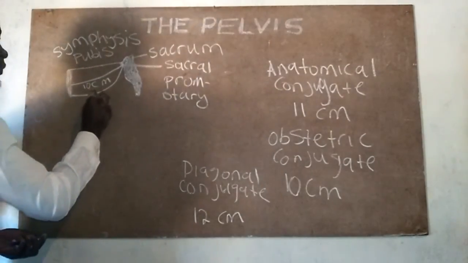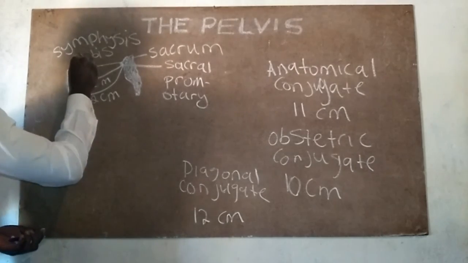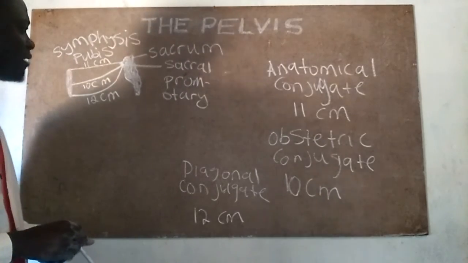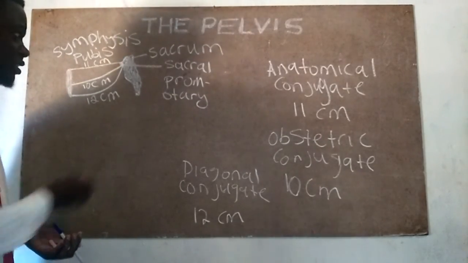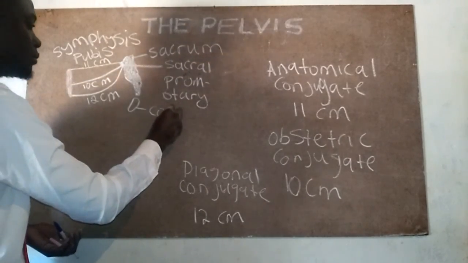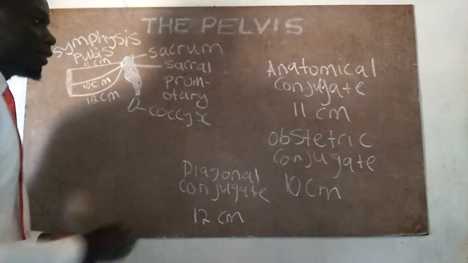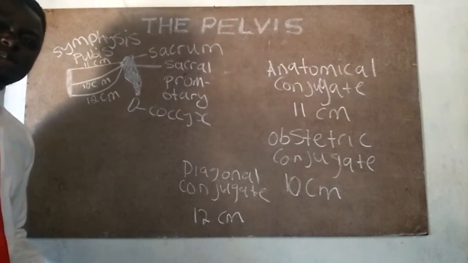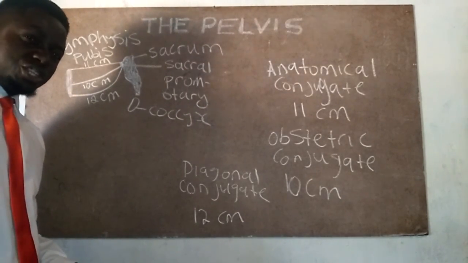So this is 12 centimeters, and this is 11 centimeters. Don't forget, this is the sacrum, the coccyx. So those are our conjugates in the anterior posterior diameter.